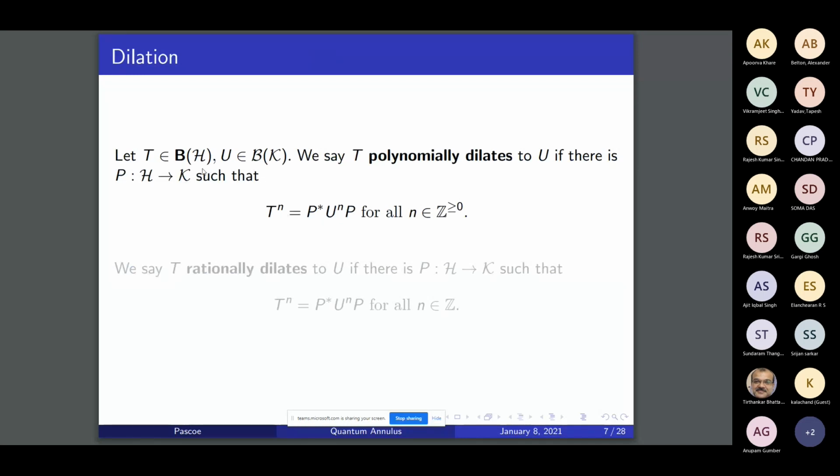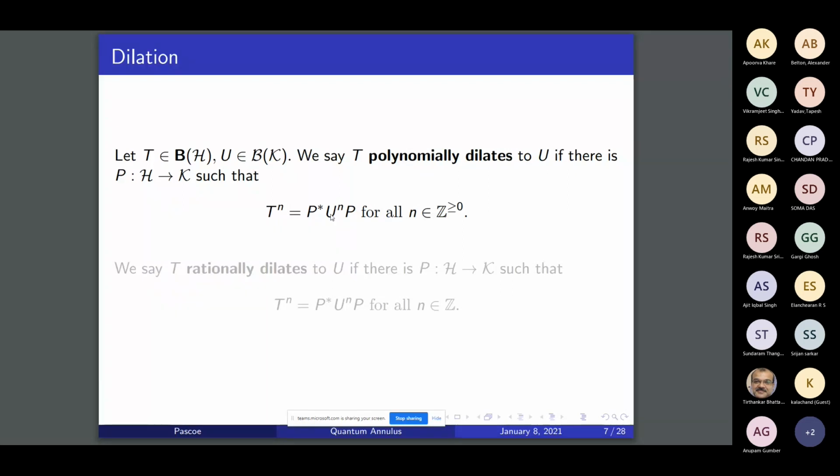There's also the notion of dilation. So if I have T and U bounded operators, one of them a bounded operator on a Hilbert space H, one of them a bounded operator on a Hilbert space K, we say that T polynomially dilates to U if there is a continuous operator P taking H to K such that T to the N equals P star U to the N P for all N in the non-negative integers.